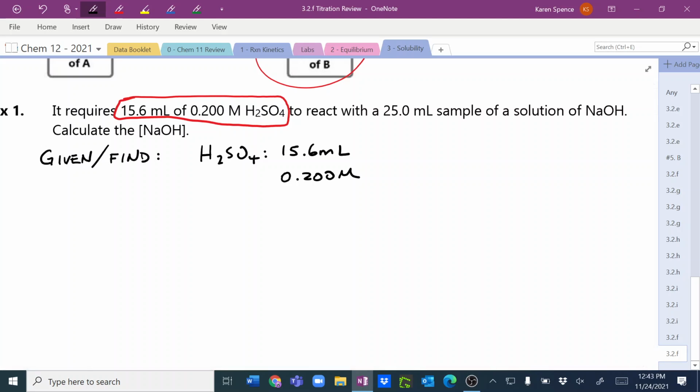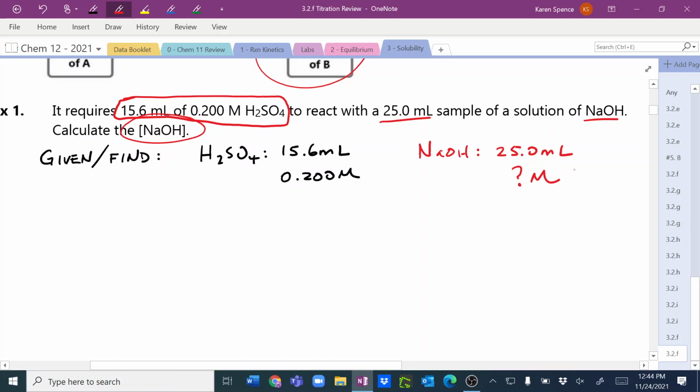We are told our other substance is NaOH, and what do we know about the NaOH? Yeah, we know we have a 25 milliliter sample, and we are being asked to then find the concentration of NaOH. So we don't know the molarity of the NaOH.